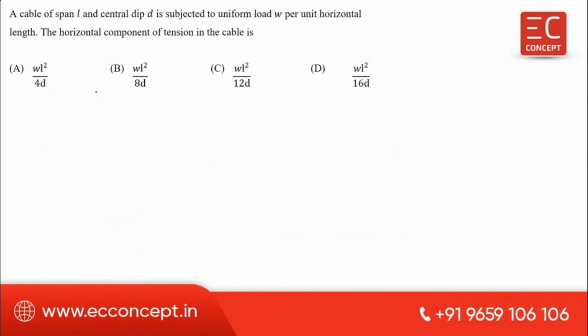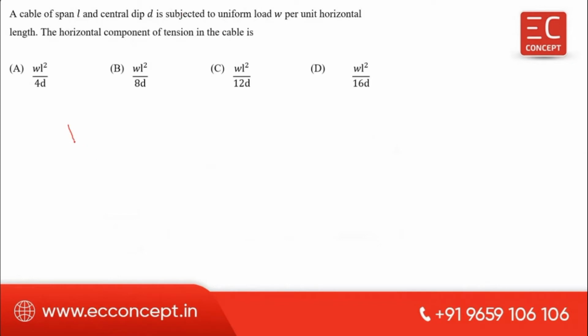Okay. Next one. A cable of span L and central dip is subjected to uniformly distributed load of W per unit horizontal length. The horizontal component of tension in the cable is H, they are asking.